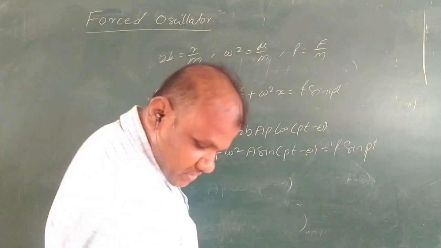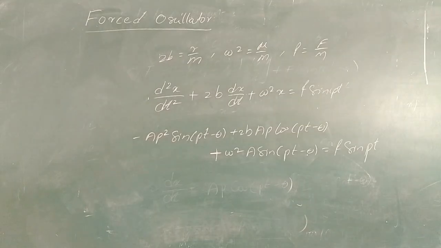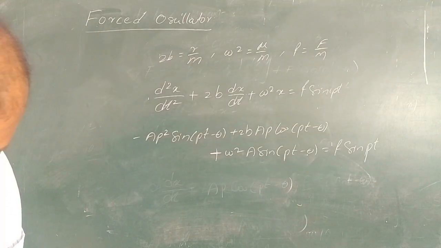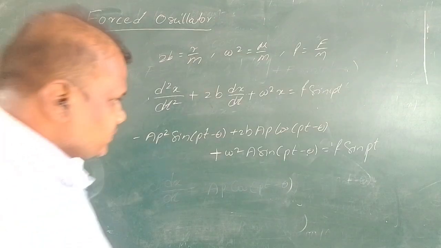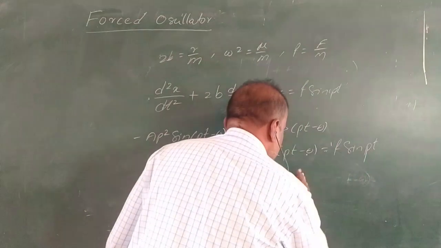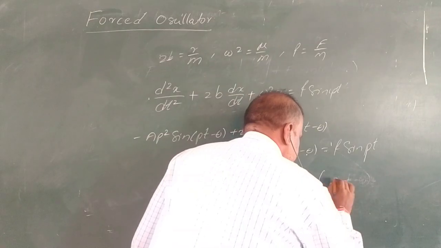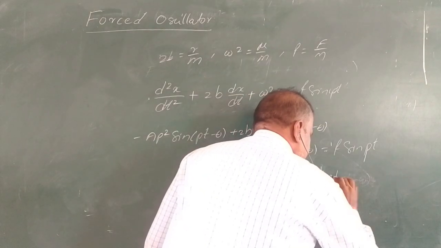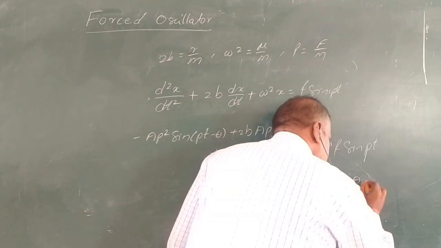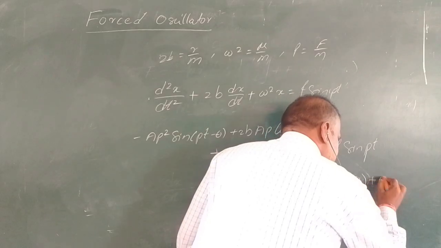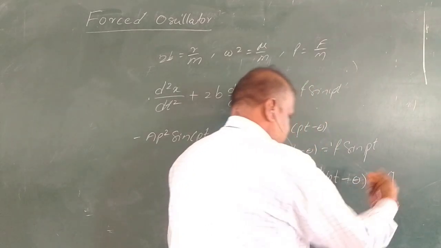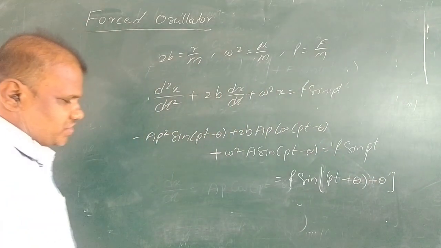Here I am going to slightly change the right hand side. This f sin pt can be written as f sin(pt minus theta plus theta). Minus theta plus theta gets cancelled, so there is no change.